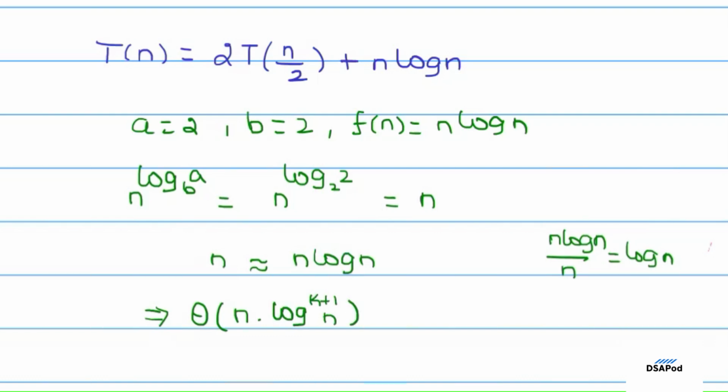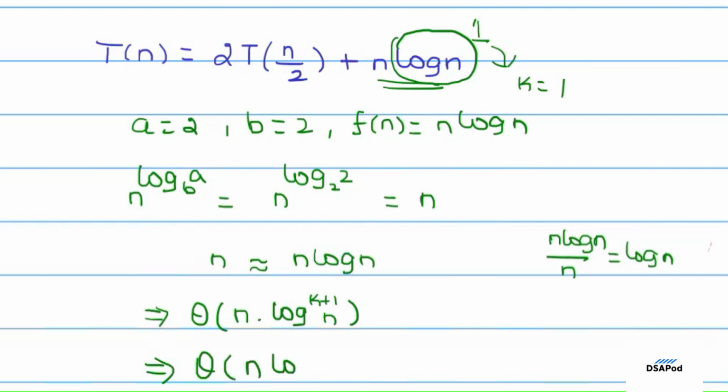So take the recurrence equation given, n log n. The power of the log n term is 1. So in this case, k is equal to 1. So substitute in our equation, that's theta of n.